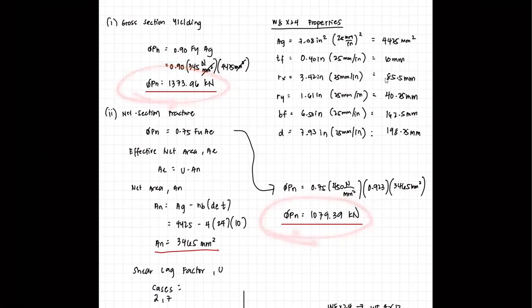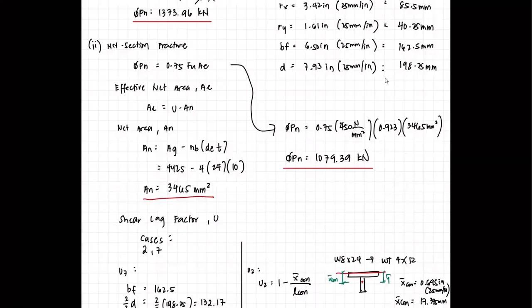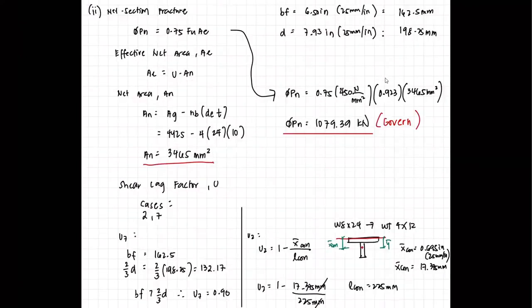Because if we select the larger one, we might conclude that it is the capacity, but when the actual structure is loaded in actual conditions, you will see that when it reaches this value, it will start to rupture. We don't want that to happen. So we select the smallest between the two and select whichever is critical. So this value will govern, and this will be the one compared with our Pu.